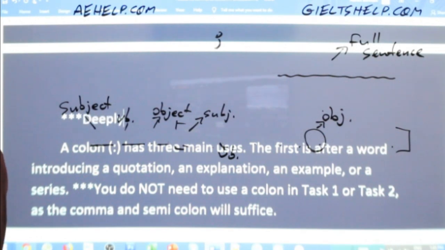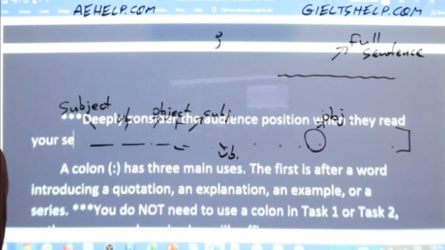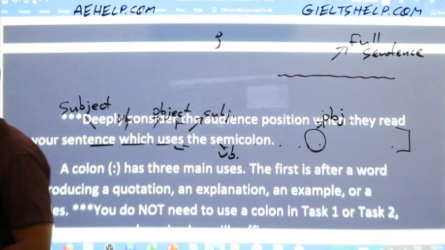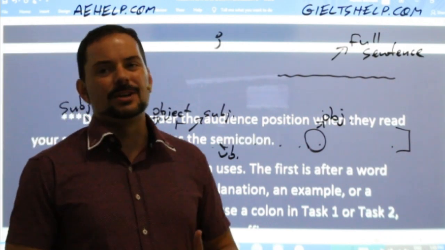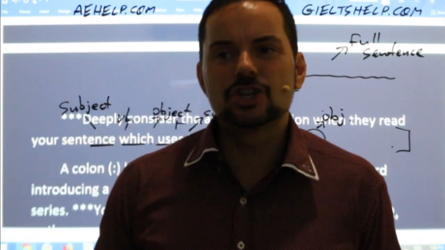Deeply consider the audience position when they read your sentence, which uses the semicolon. If I'm the audience, Amarjeet, and I read that sentence, I'm not sure what you're trying to tell me.